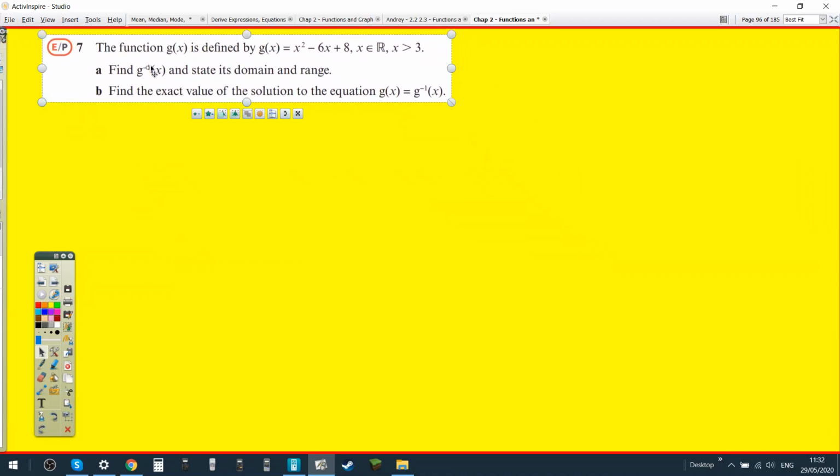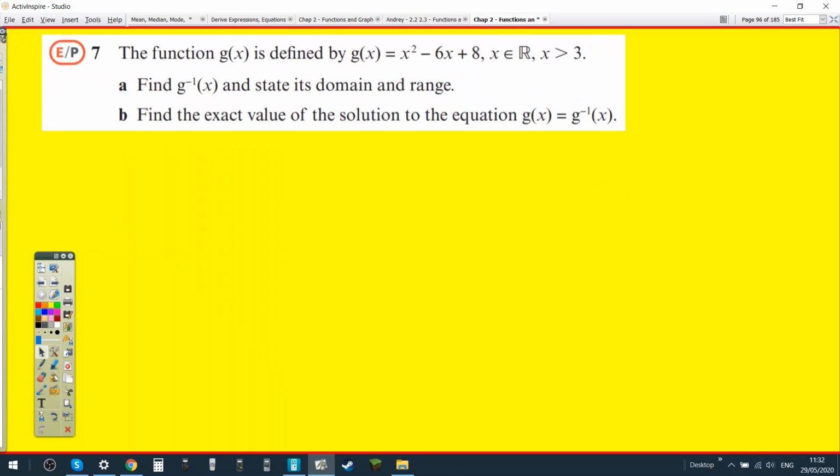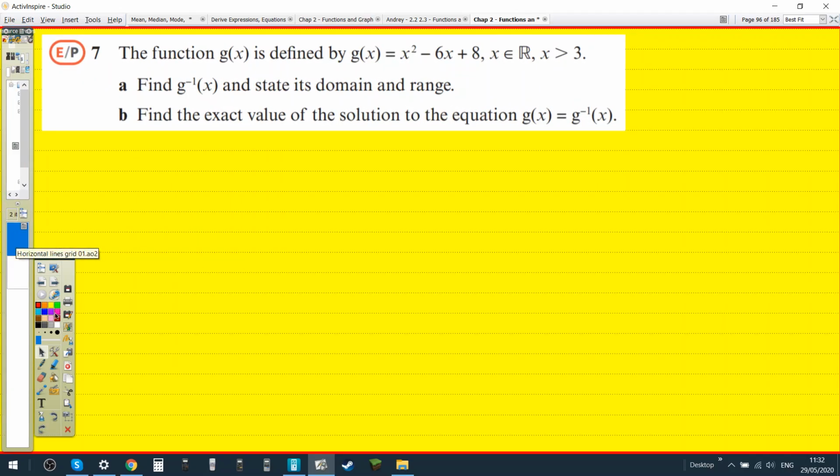This one, part A. What is the range of the inverse function? So I need to find the inverse function first. The domain of the function is x is greater than 3. What is the range of the inverse function?